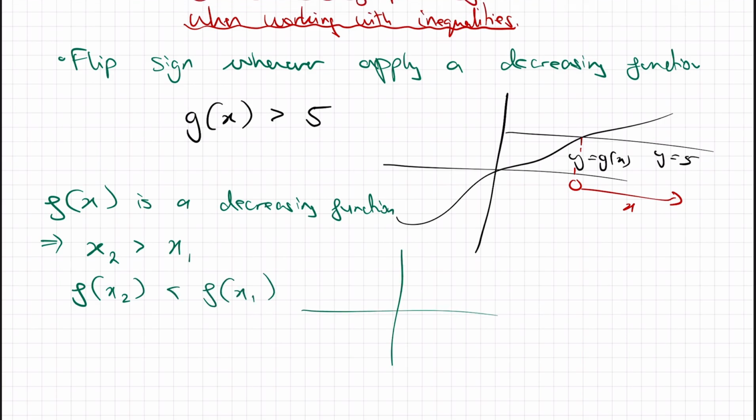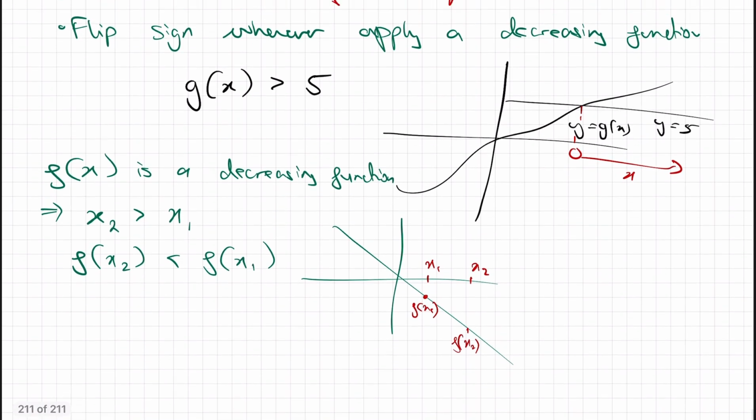Because if you think about it, with some decreasing function, if you have an x coordinate here, this is going to be f of x1, and this is going to be f of x2. Since it's decreasing, gradient is always negative, so f of x2 is obviously going to be smaller than f of x1. That's essentially what a decreasing function means.